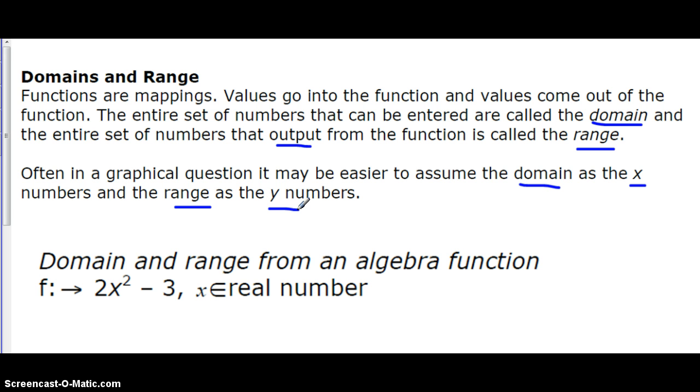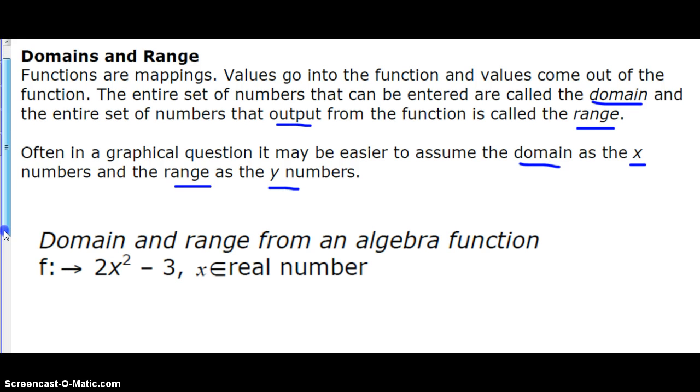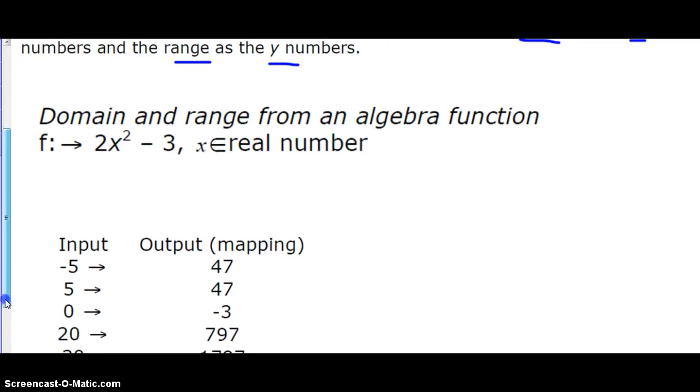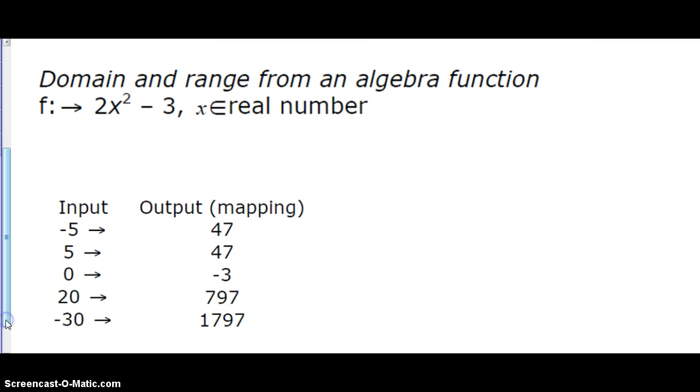So if we look at a problem with an algebra function where f maps to 2x squared minus 3, so y is equal to 2x squared minus 3, where x is any element that is a real number. As we plug in values for our input, all the real numbers x, and get our output, we can see that our range will end up being restricted.